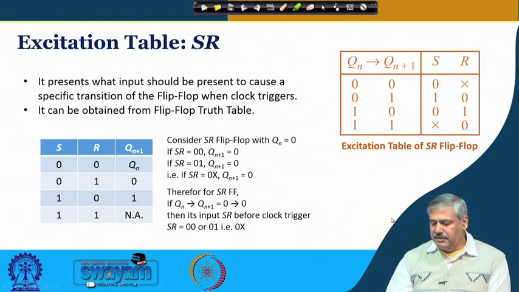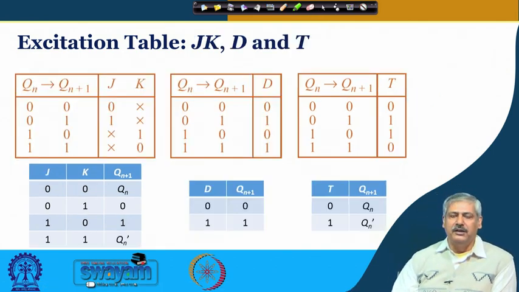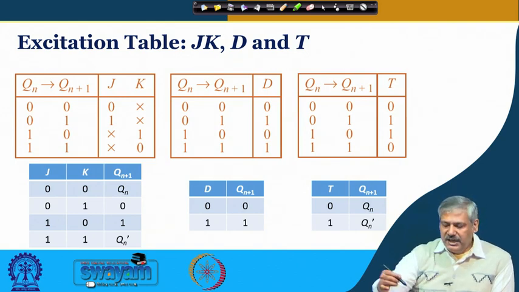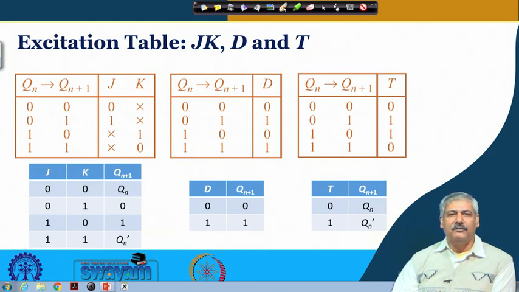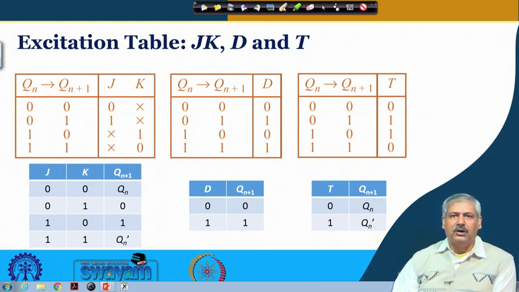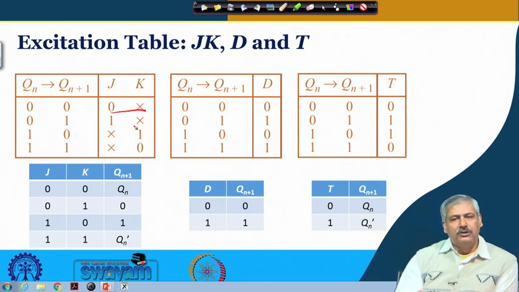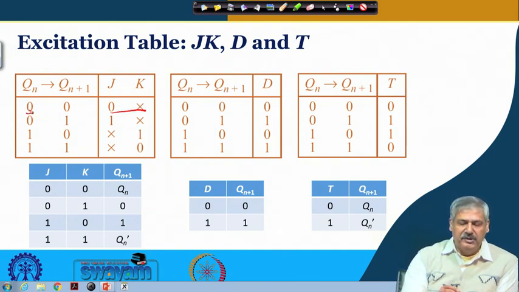So this is for the SR flip-flop. Now we can see how it would be for other flip-flops. So for the JK flip-flop, again all these 4 transitions are to be considered. So 0 to 0: if 0, 0 is present, the previous state will be retained, and if 0, 1 is there, that also will make the next state 0 for the previous state being 0.